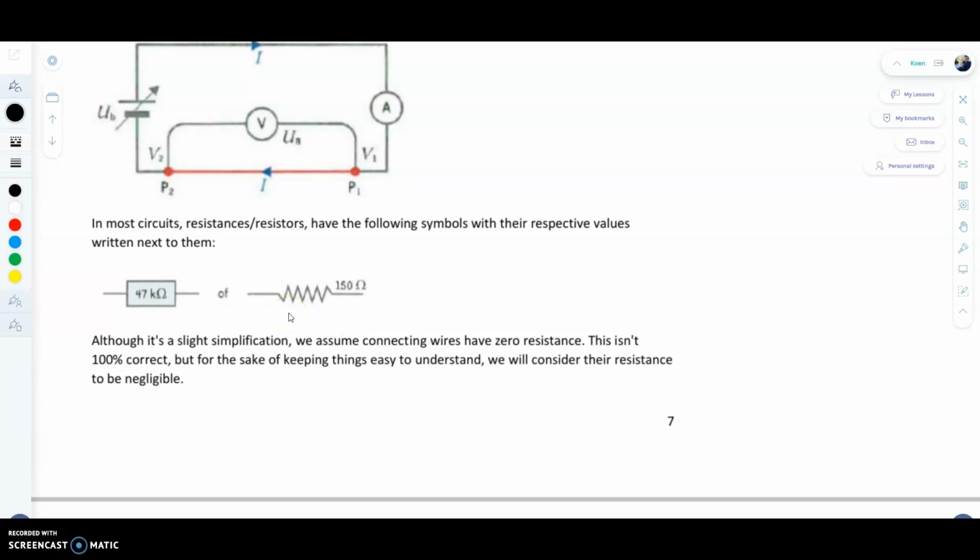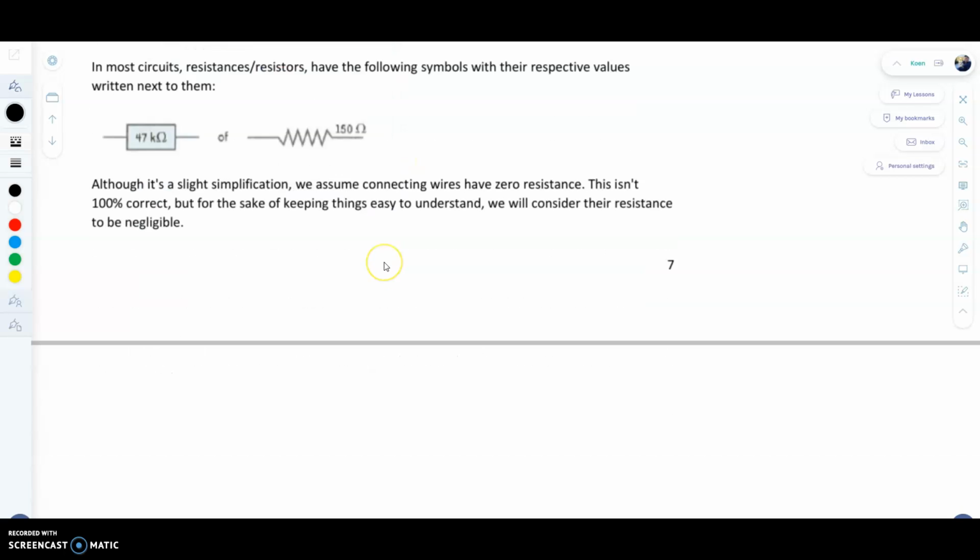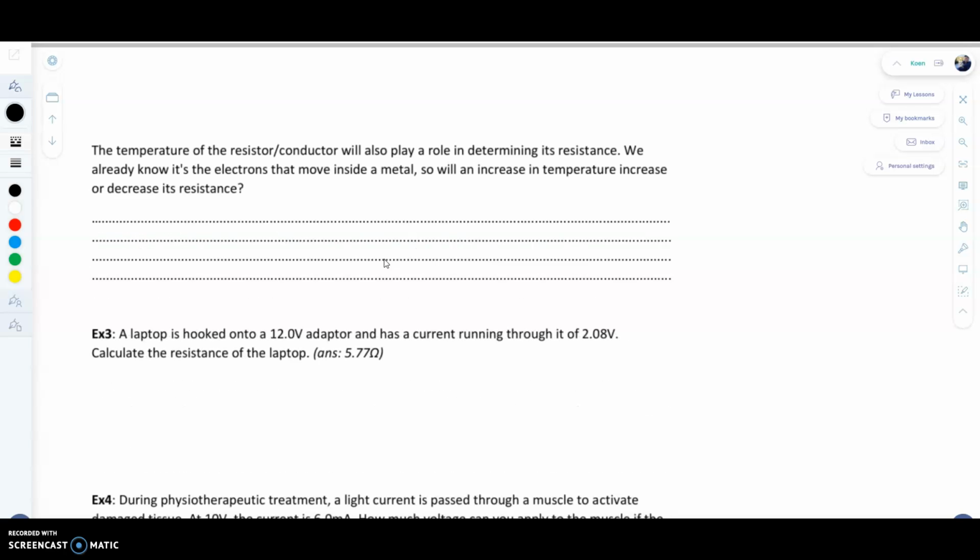We're fully aware that conducting wires have some resistance, albeit incredibly low, but we're going to be treating them as resistance 0 for our exercises. It's a bit of a simplification, but otherwise these would be quite long exercises. Just consider them to be resistance 0.